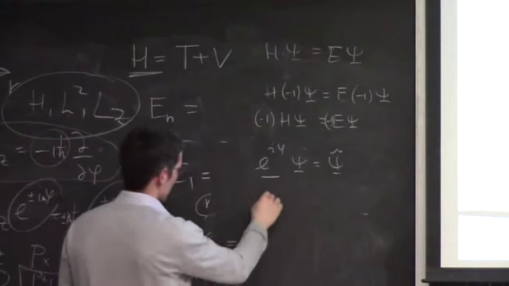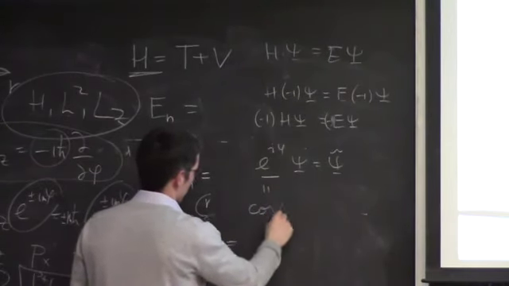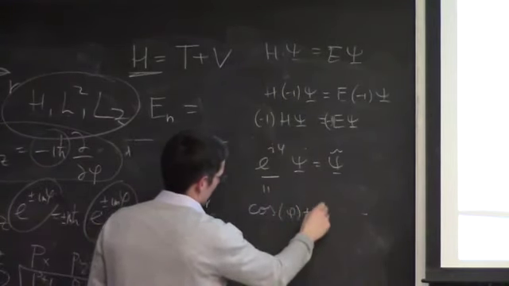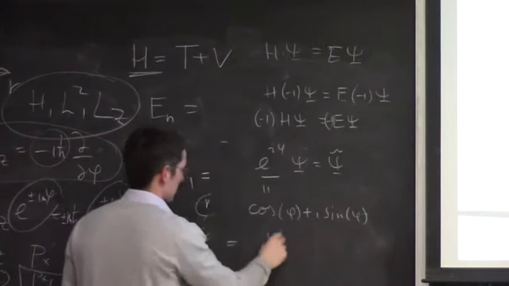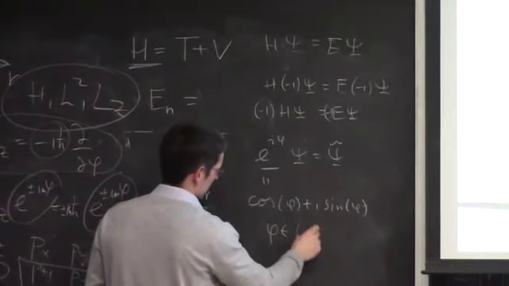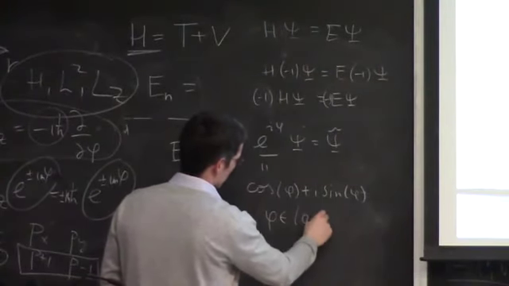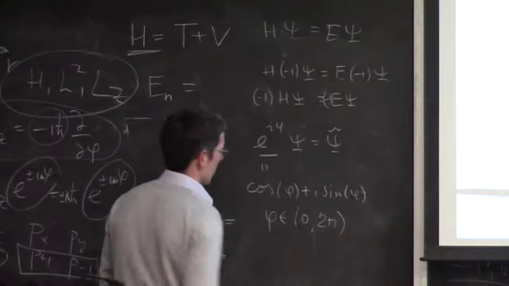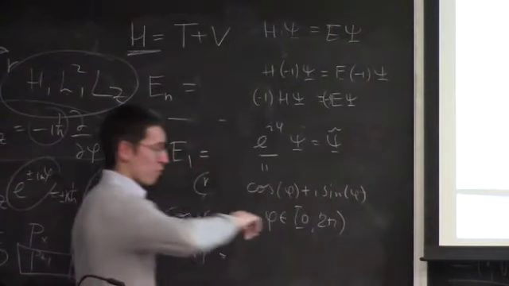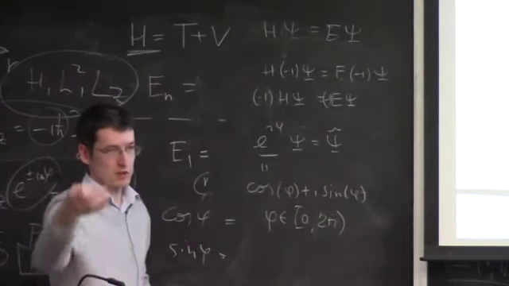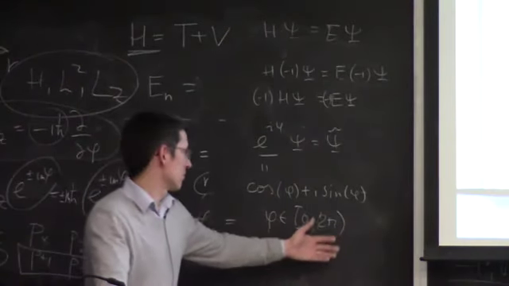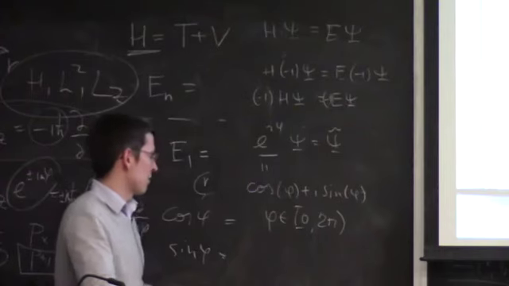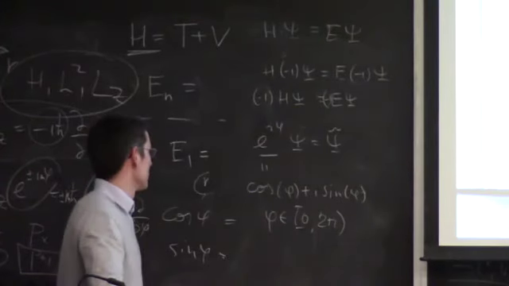a complex phase, which is cosine of phi plus i sine of phi. And phi can be any number between 0 and 2 pi, because when you go beyond 2 pi, the values start to repeat themselves. It doesn't really matter; 3 pi is the same, it has the same effect as phi equals pi, right?